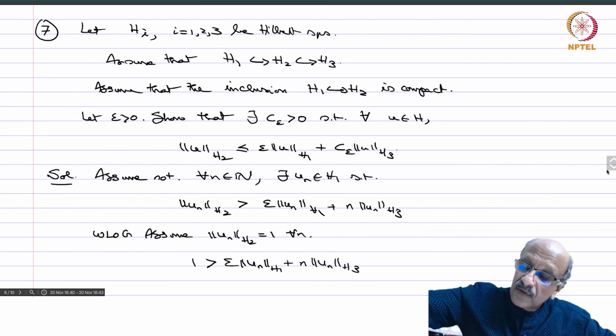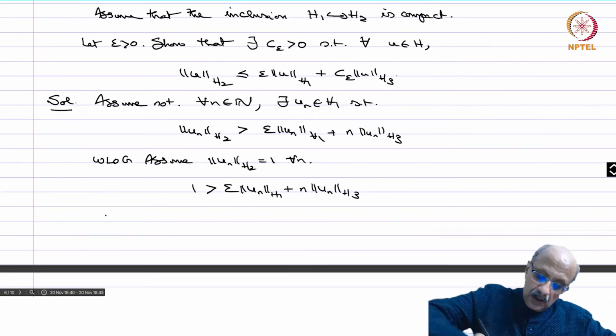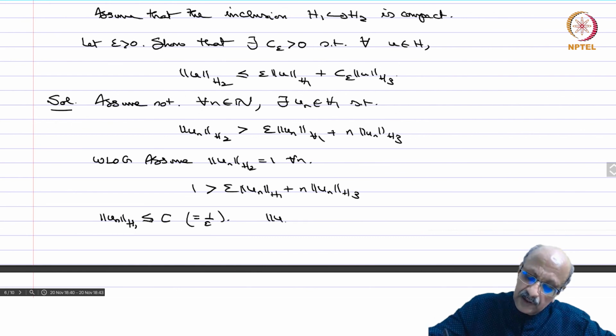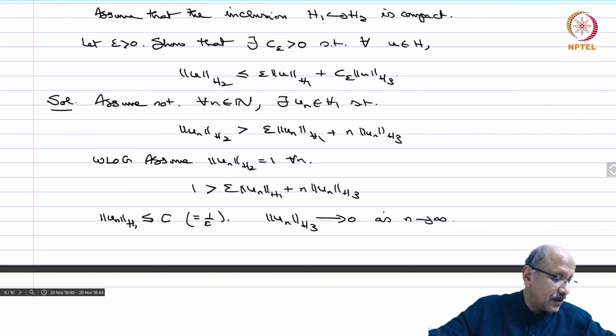So, this says that norm un in H1 is less than or equal to some constant, which is 1 by epsilon if you like, and then norm un in H3 is less than 1 by n. So, this goes to 0 as n tends to infinity.